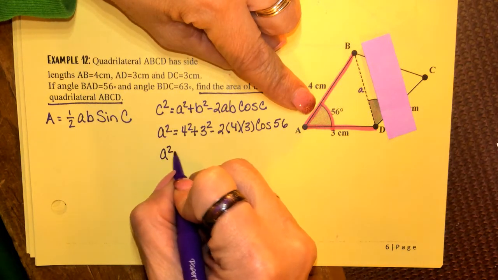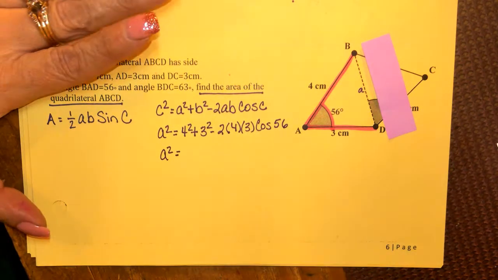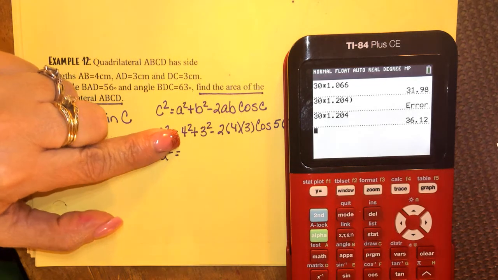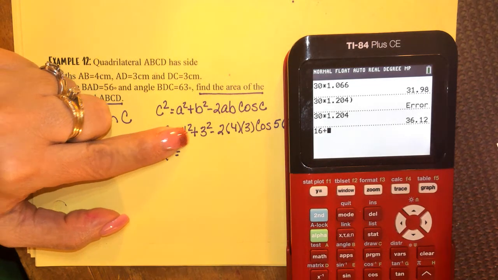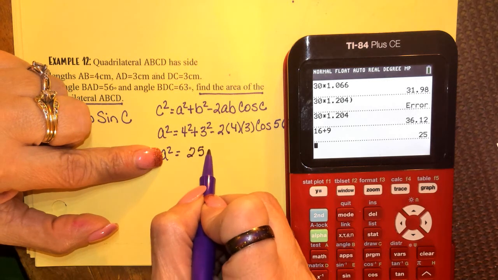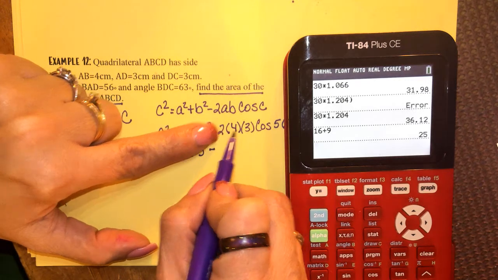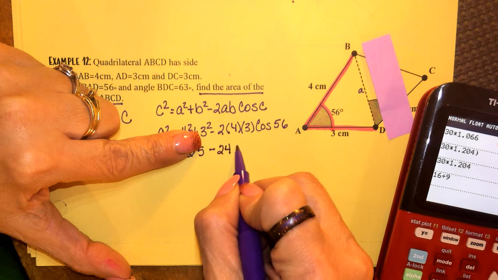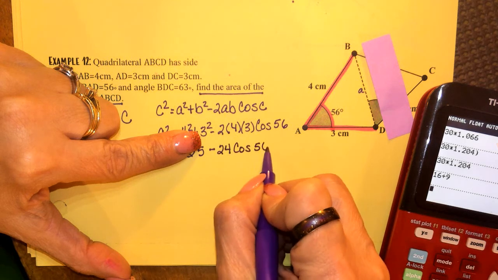All right, so a squared equals, I'm going to do a lot of math here on my calculator. So 16 plus 9, I could have just done that in my head, 25, minus 12 times 2 will be 24 cosine of 56.